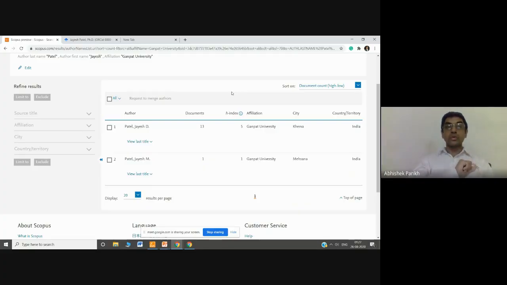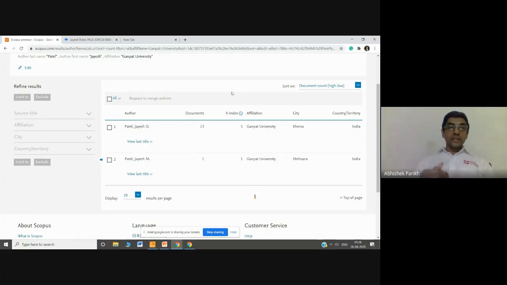Number two, whatever publication is done by Jayesh Patel after moving to the other university will remain under the affiliation of the other university. But let's say, for example, Ganpat University is not providing any fund for the publications to Dr. Jayesh Patel, and Dr. Jayesh Patel has done all the publications himself, with all the expenses borne by himself.